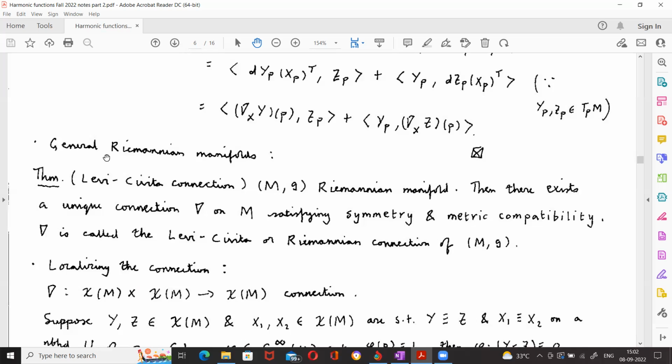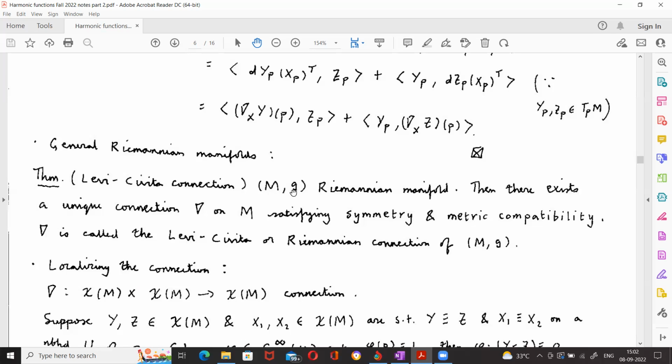So that's not difficult. The point is you want a connection which is well adapted to the Riemannian metric, to the Riemannian structure of the manifold. And so here we have the following theorem, which describes what is called the Levi-Civita connection of a Riemannian manifold.